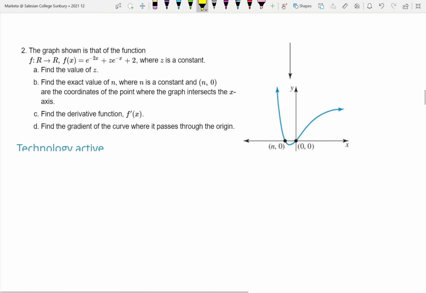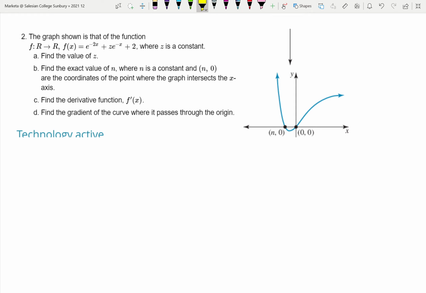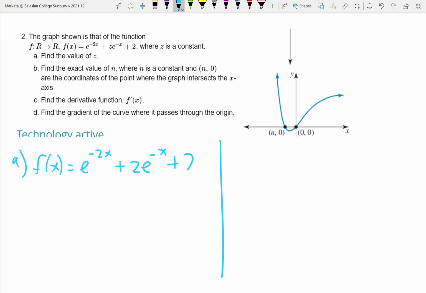Let's do question 2. I think it's reasonably similar. Let's have a look. The graph shown is of the function f of x, where z is a constant. Find the value of z. It's the same deal. So f of x equals e to the negative 2x plus z e to the negative x plus 2.